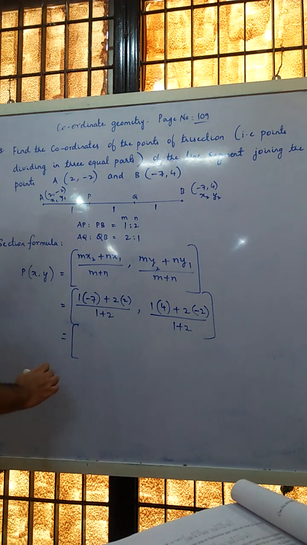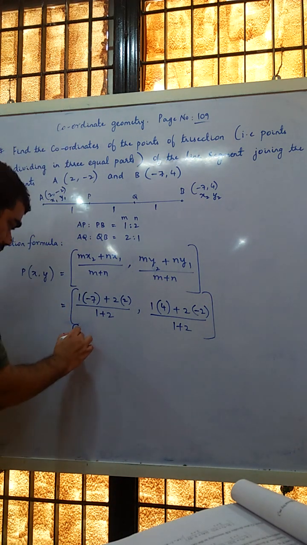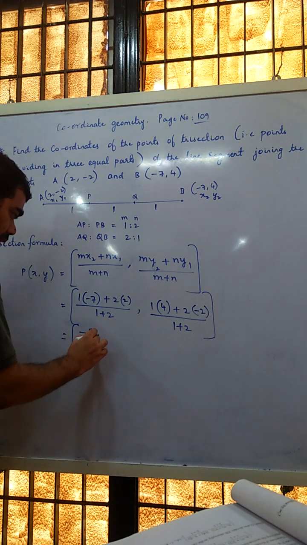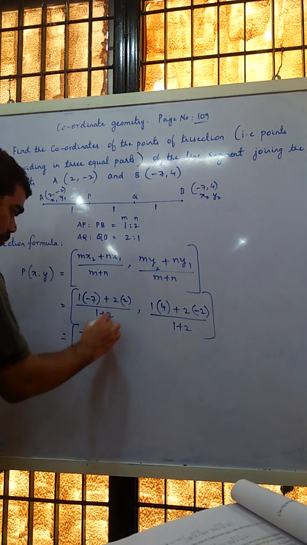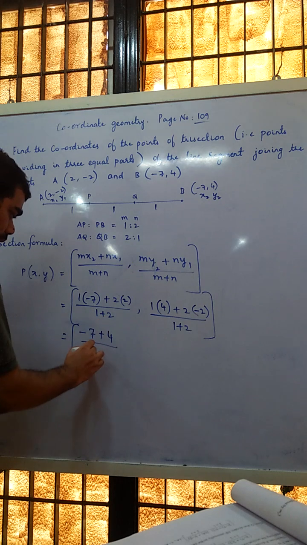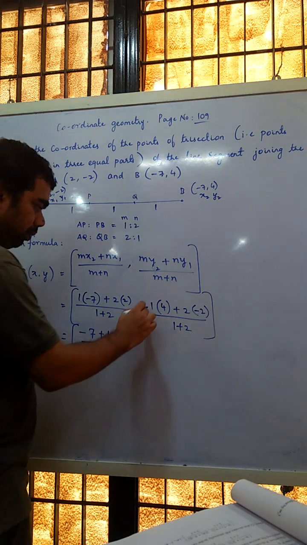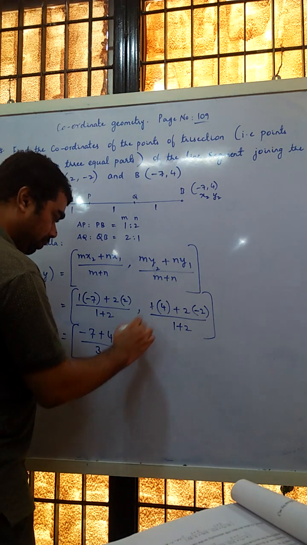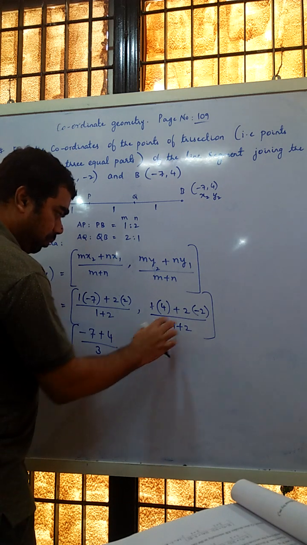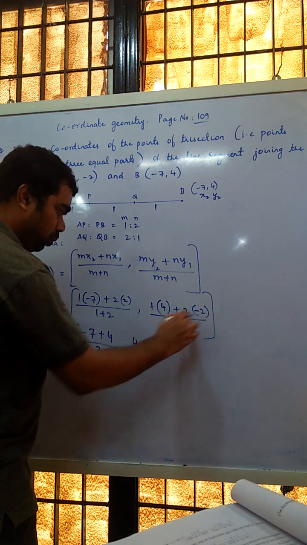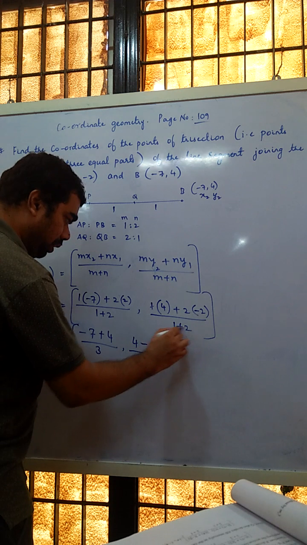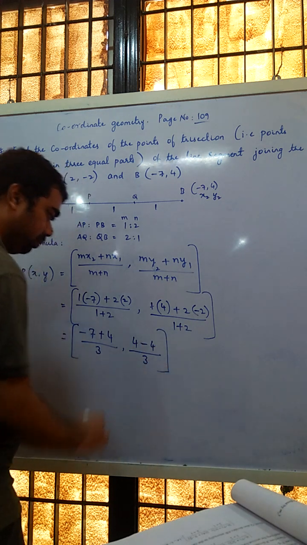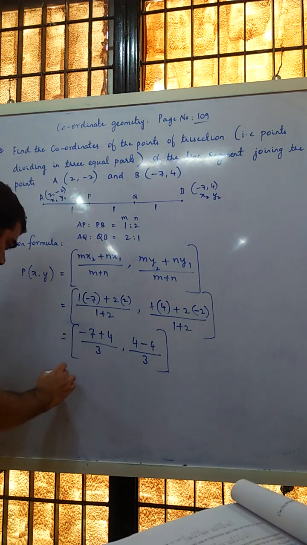That equals (-7 plus 4) divided by 3, comma, (4 minus 4) divided by 3.